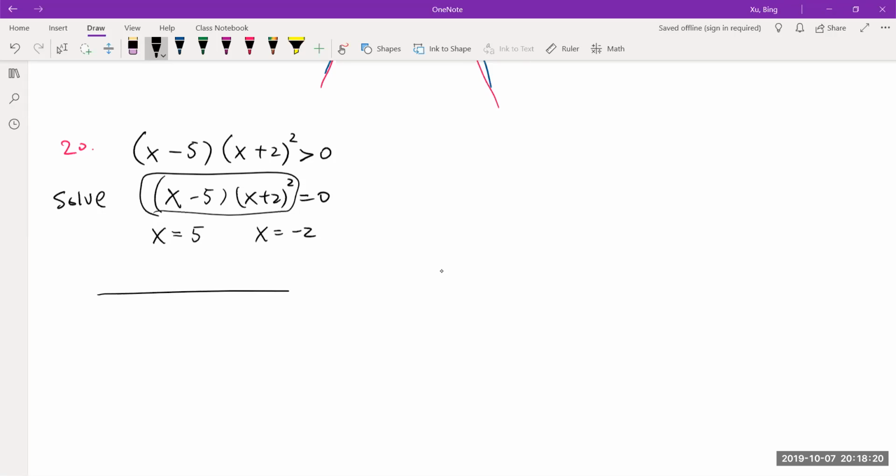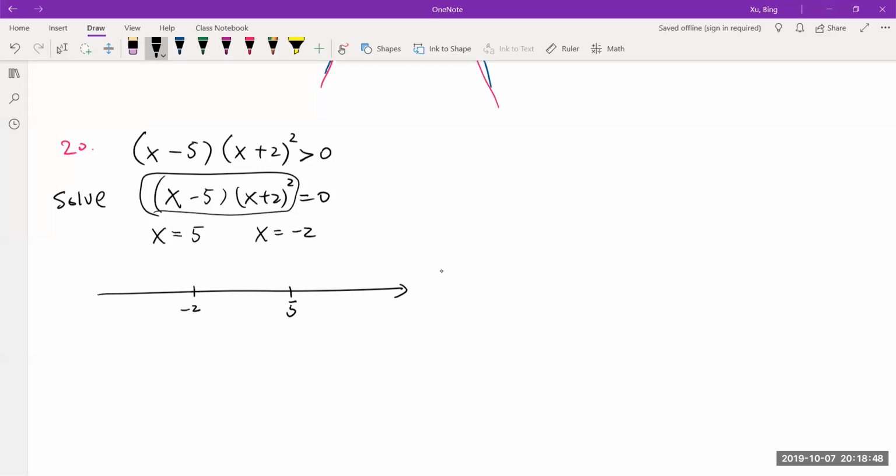All right, so on my number line, I'm going to mark those two numbers in order. Negative 2 should be on the left because that's smaller, and 5 is on the right. Mark it like this first. Do you think our solution would include negative 2 or 5?